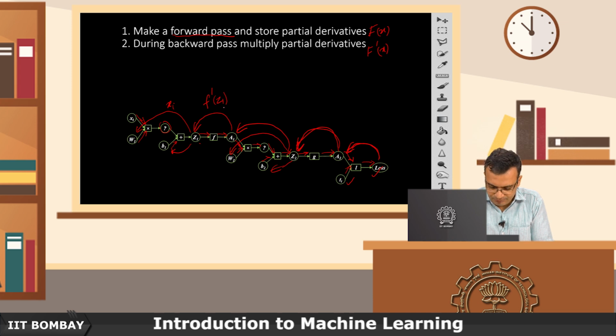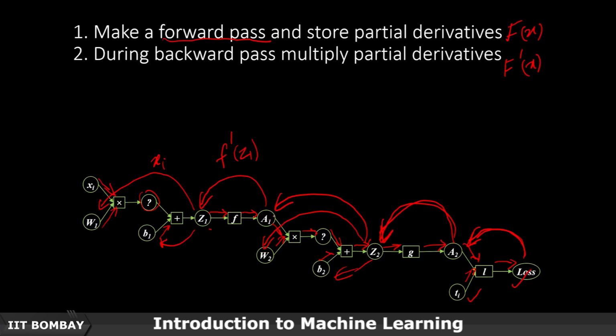Okay. What is the partial derivative of z2 with respect to a1? That is going to be this w2. Okay, and what is the partial derivative of a2 with respect to z2? That is going to be g dash at the value z2. Okay, and what is the partial derivative of loss with respect to a2?